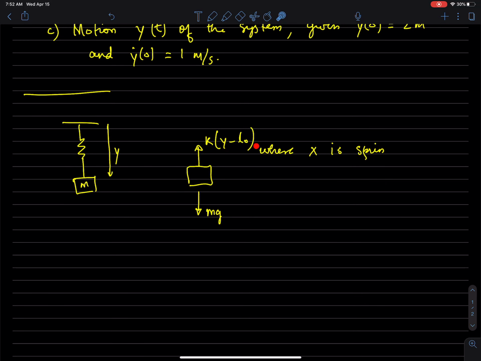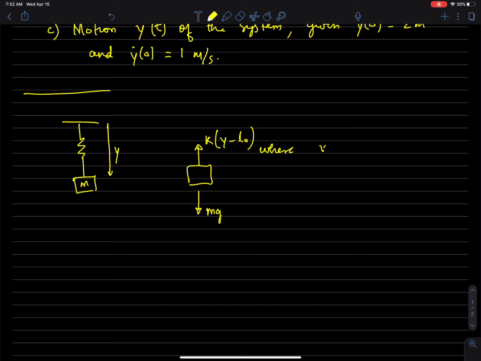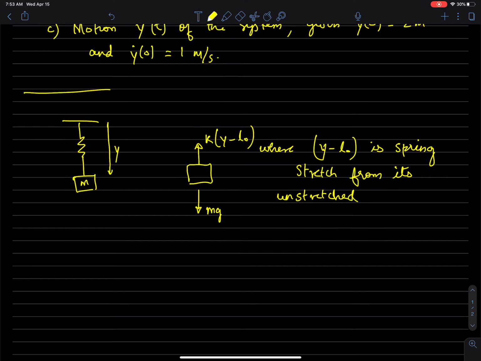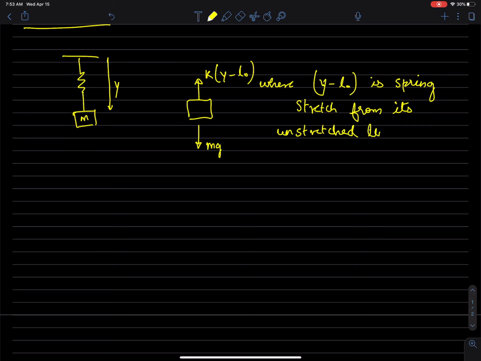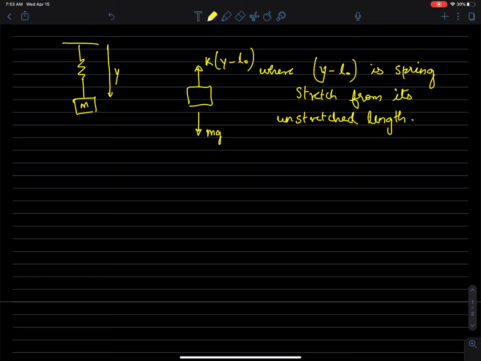So y minus L naught is the stretch from its unstretched position. Okay, so that's the free body diagram.